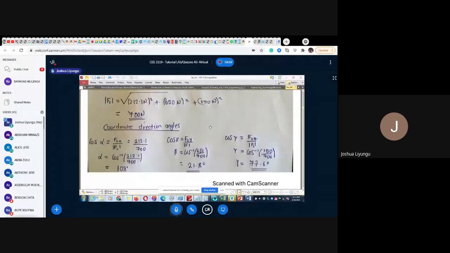We know cos alpha is equal to the force in the X component over its magnitude. You do the same for beta, you do the same for gamma. If you want to get the angle, this is just elementary mathematics: inverse cos of 212 over 700, then you would find the angle in degrees.